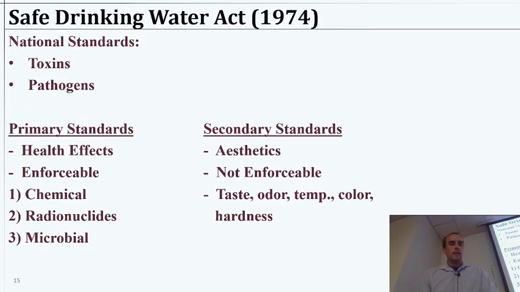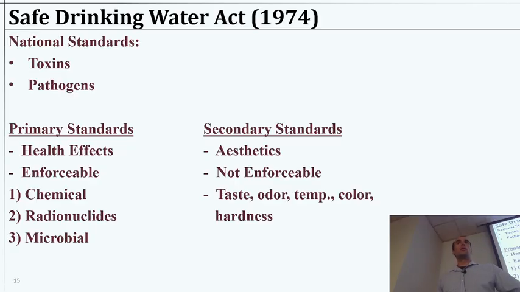Okay. So what do our regulations look like? Well, we have two general classifications. One would be our primary standards. These are what regulates anything that can impact health. And we've talked a lot about pathogens. We're going to include toxins in here as well.